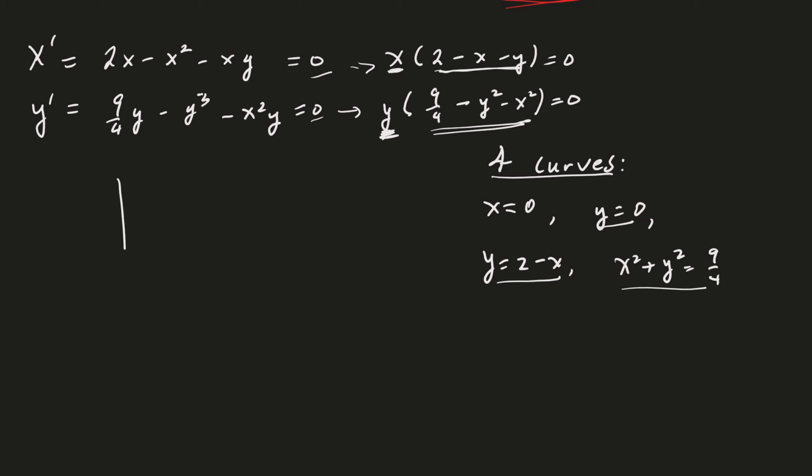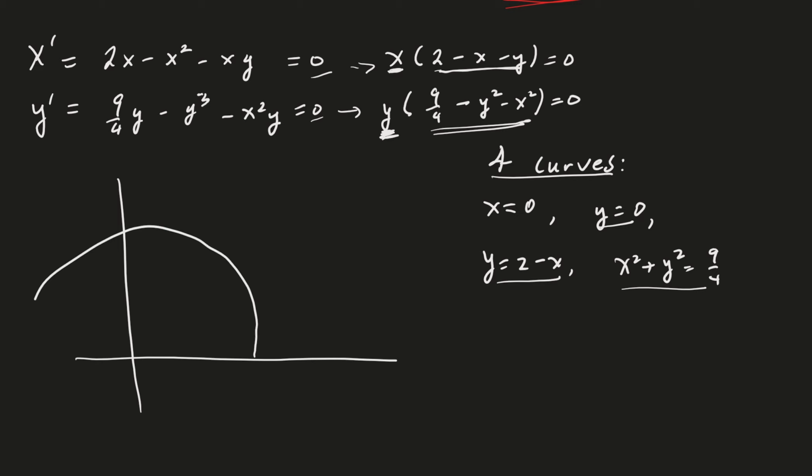And so if I draw my objects here, I'm going to go ahead and draw the circle in. Let's see, it's got a radius of 3/2. Okay. Oh, I don't have enough room. Okay, I'll just draw it this way. And so then we have another line going in through here that has a slope of 2.